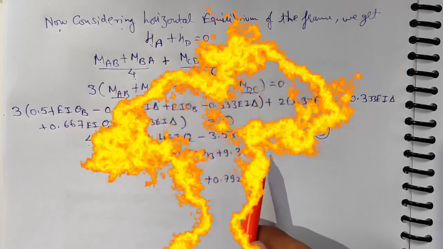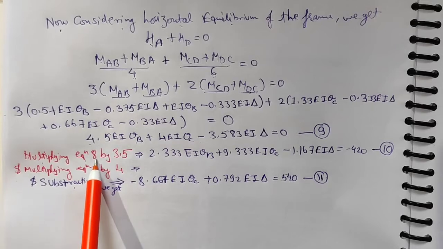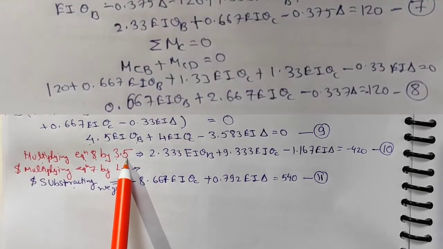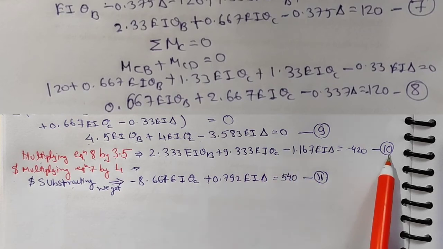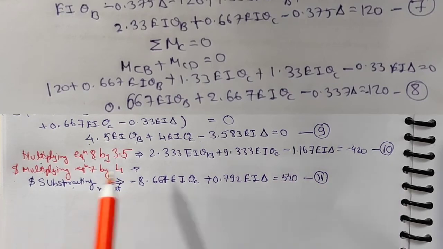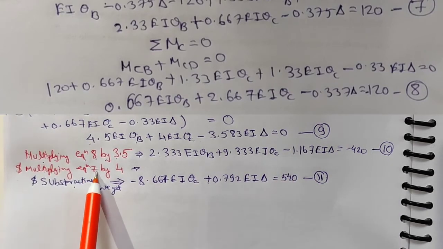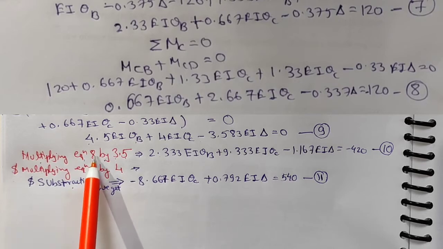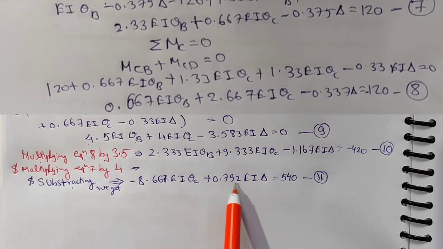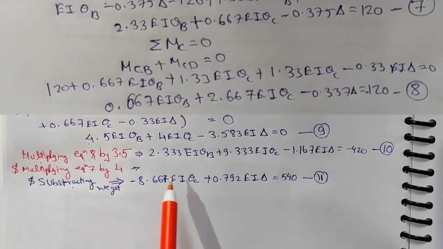Now we'll multiply equation number 8 by 3.5 and we'll get an equation like this, which I will label as equation number 10. Again we'll multiply equation number 7 by 4, and after getting the equation we will subtract both the equations, after which I will get my equation number 11.